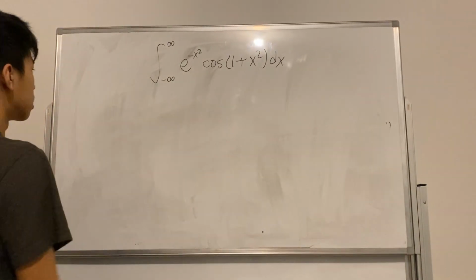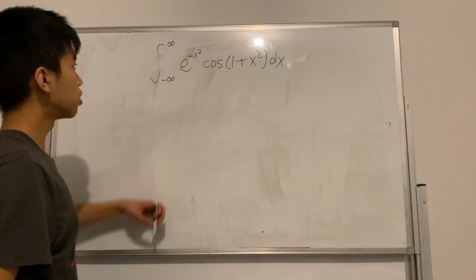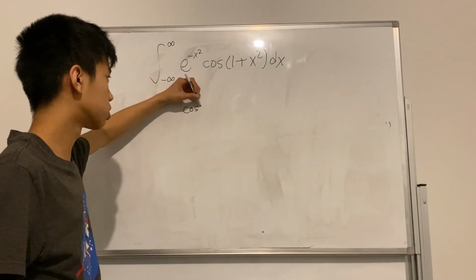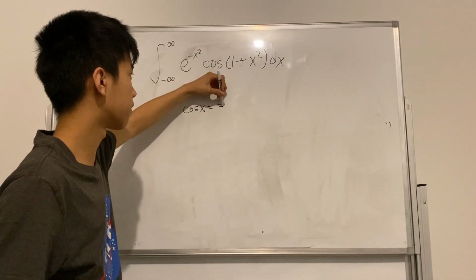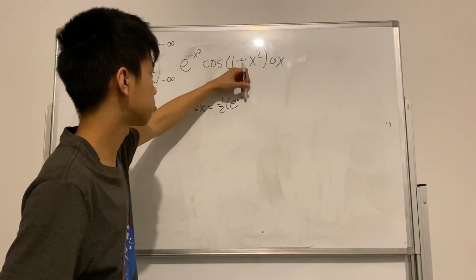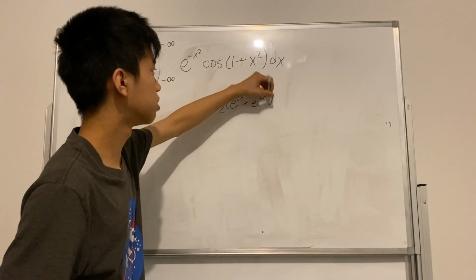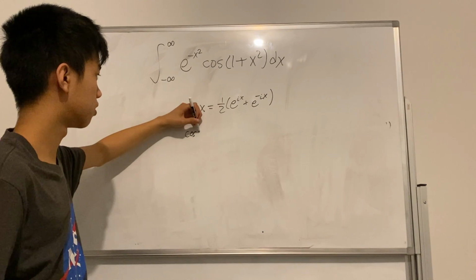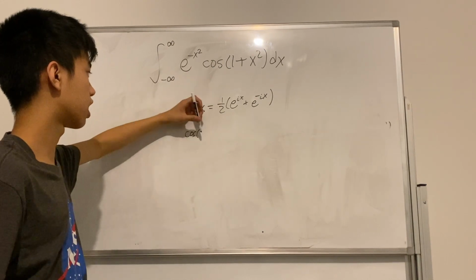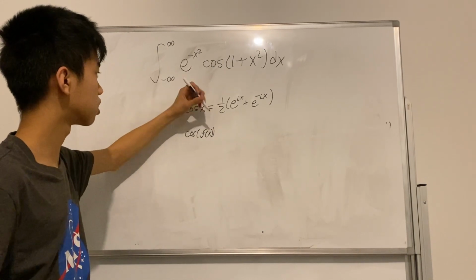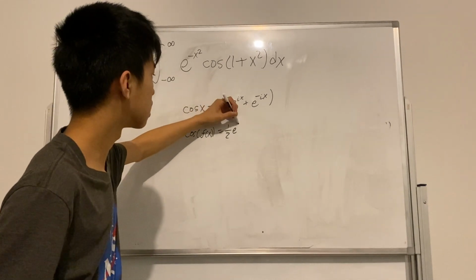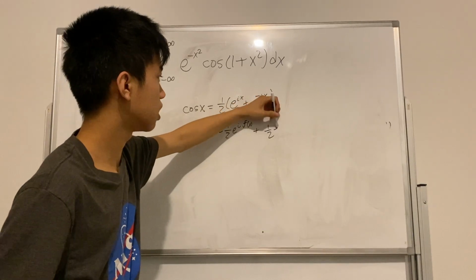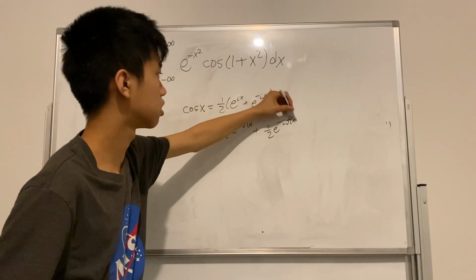If you remember from high school math class probably, cosine of x is equal to 1/2 times e to the ix plus e to the negative ix. Simple identity. We could plug anything into x, so cosine of f of x is equal to 1/2 e to the i f of x plus 1/2 e to the negative i f of x.